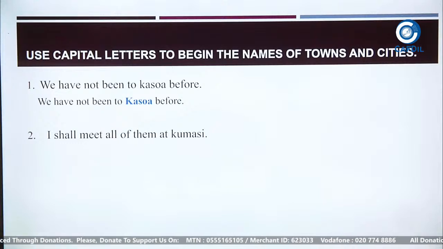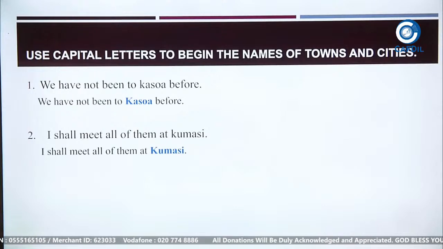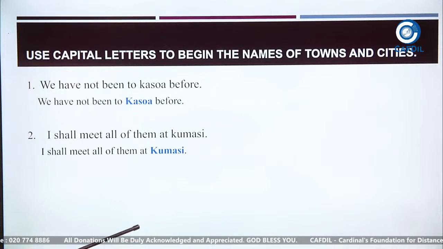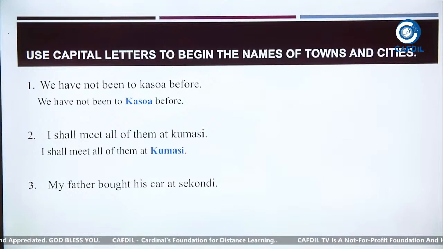I will stress this always. All right, let's look at the correct answer. The correct answer, or the proper noun in this sentence, is Kumasi. I hope you got that. Very good. Let's try another one.